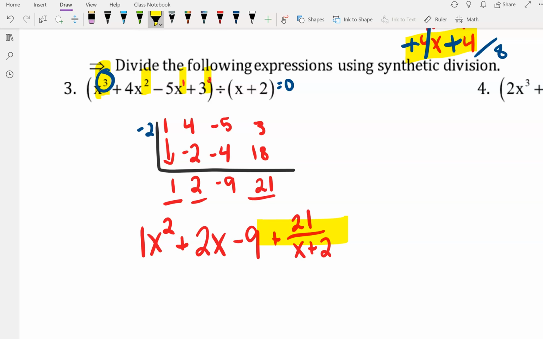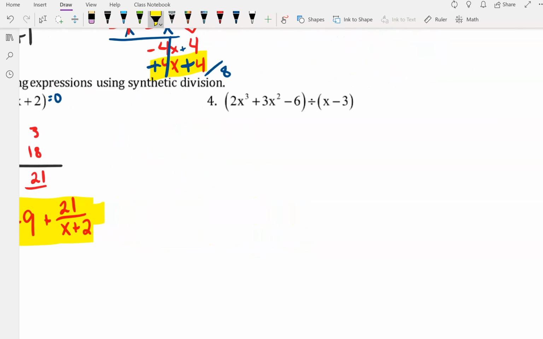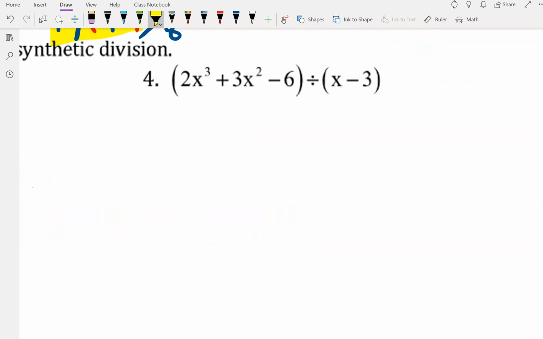That will be my answer. So it's a lot quicker than long division would be. So let's try this again really quick with number 2.